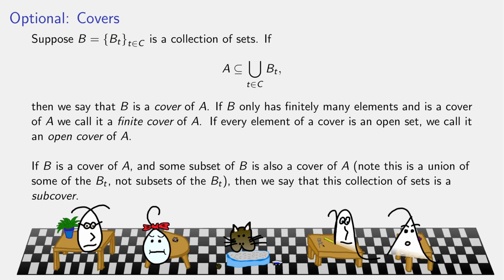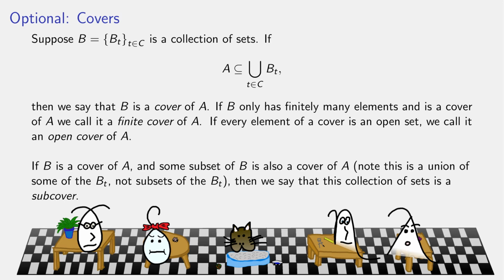Now, if I have a cover of A, and I take a collection of some of the pieces of the cover, a subset of B is not a collection of subsets of the things we started with. The B was a collection of certain sets, and now I'm only taking some of those sets. The individual sets have not changed, I'm just only including some of them. We call that a subcover.